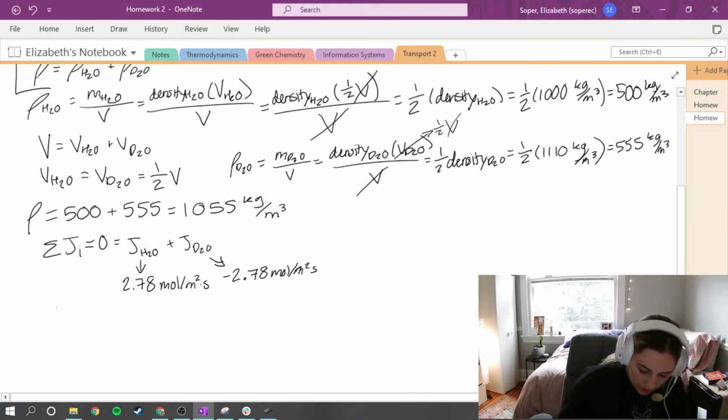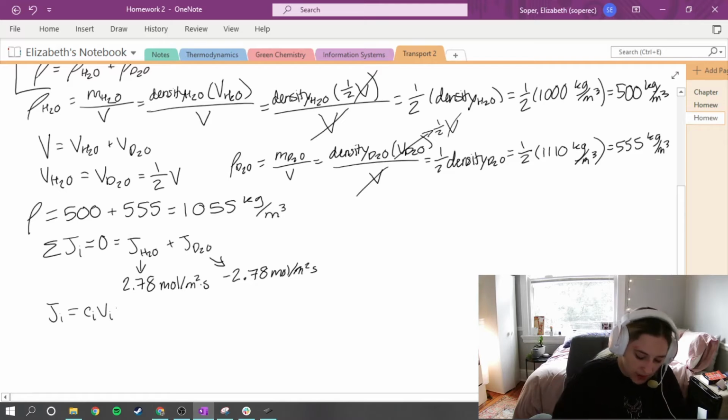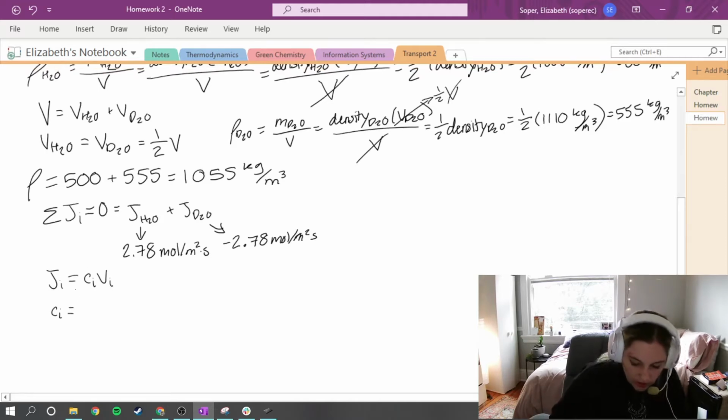So now let's look at the equation for molar diffusive flux, which is going to be the molar diffusive flux of a component I is equal to its molar concentration times its velocity of the component I. And then we can use the equations for the molar concentration, which is the moles over the volume.